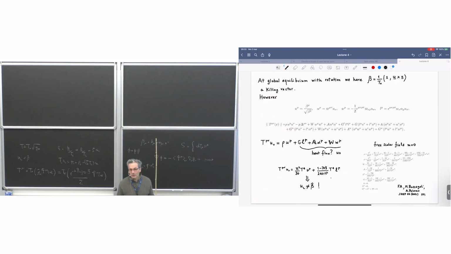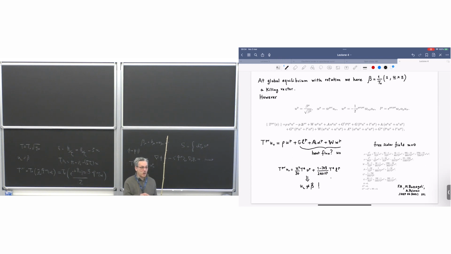But the main message I want to convey is that thermodynamics is less trivial than one may expect. So one has to be careful, because some of the statements I have seen in relativistic hydro do depend on thermodynamics, and they are perhaps less general than one may think naively.